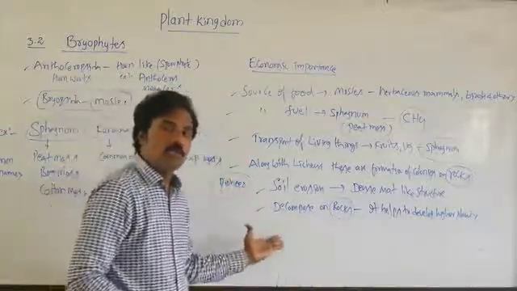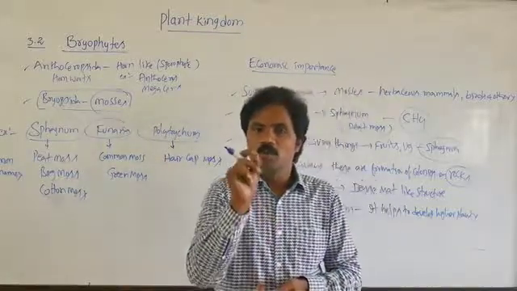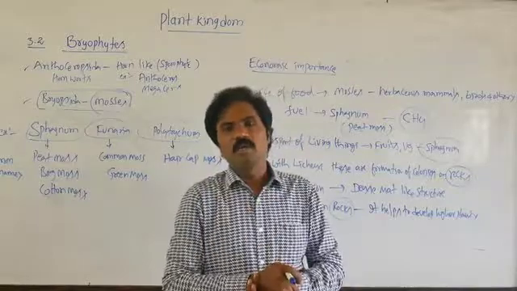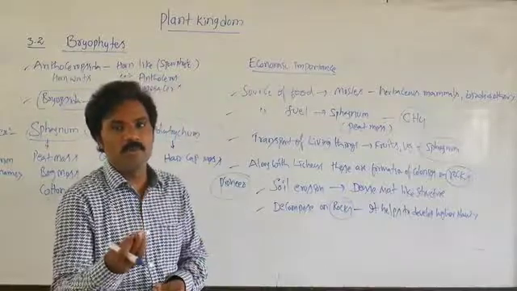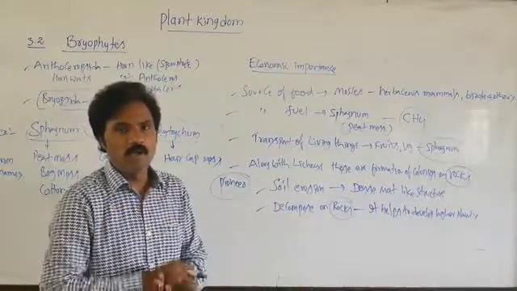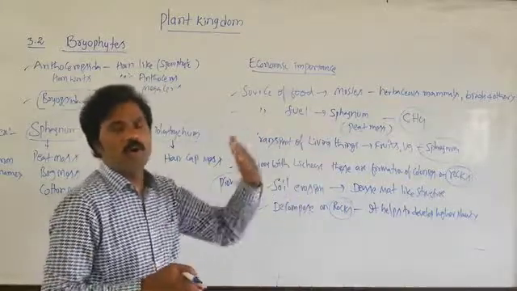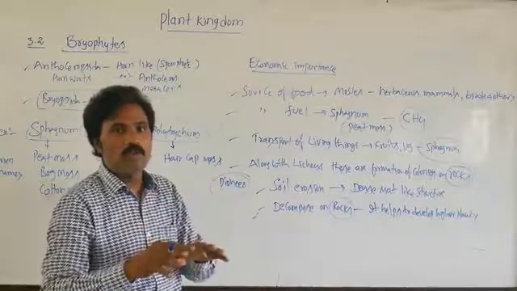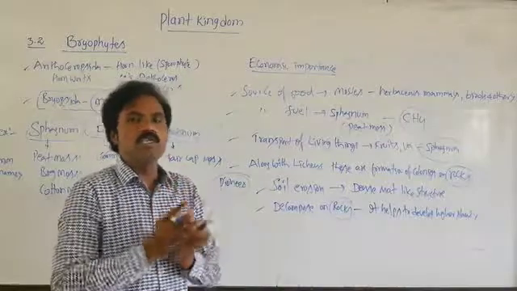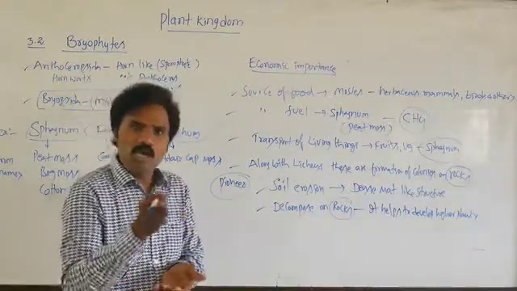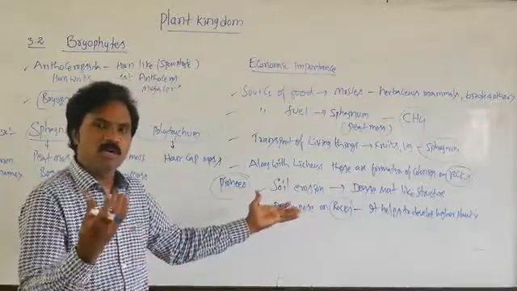So that is most important related to the economic importance. Remember very carefully which specific bryophytes act as a source of food material: mosses. Which moss is helpful as a source of fuel? Sphagnum. Sphagnum is also helpful for long-distance transportation of vegetables and fruits without decomposing, because of its maximum water holding capacity.